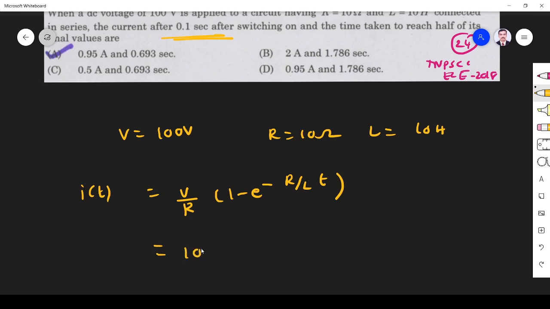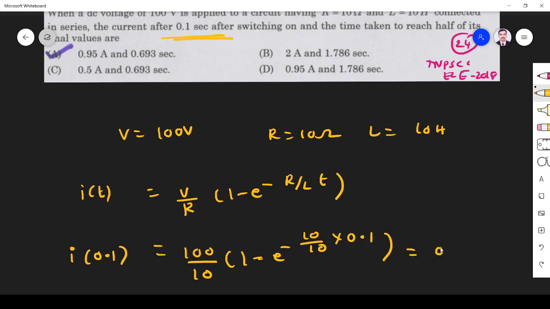V is 100 by 10, 1 minus e power minus t. They ask the current at t equals 0.1. If you simplify, what you get is 0.95 amps.